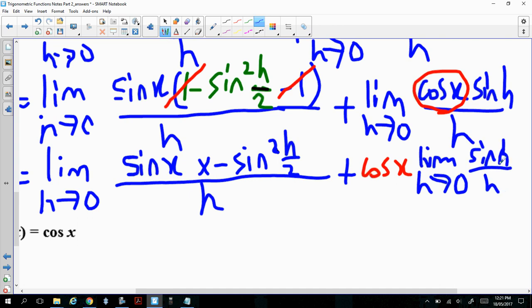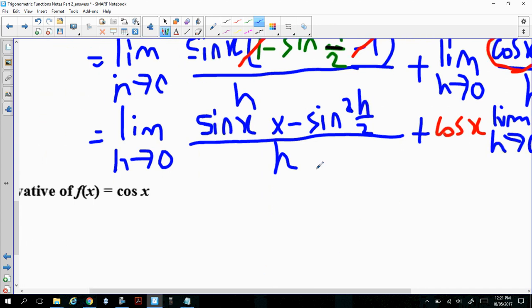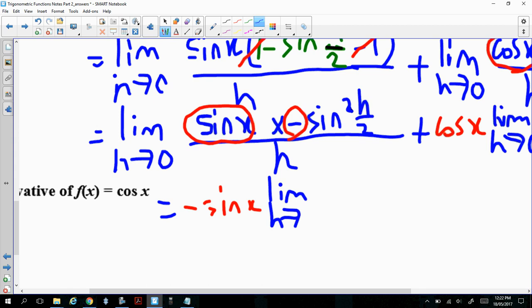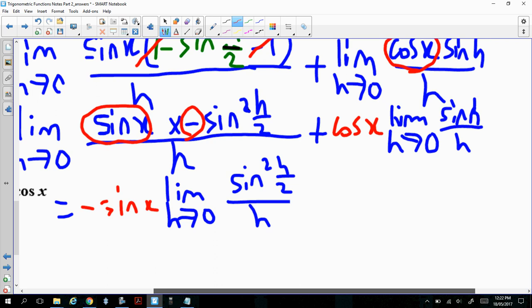And how about the other one? The same thing: put the sine x and the negative outside, and put in the limit as h approaches 0 of sine squared of h over 2, over h. Hopefully you can see this thing becomes 1.